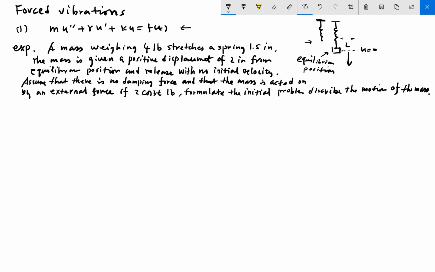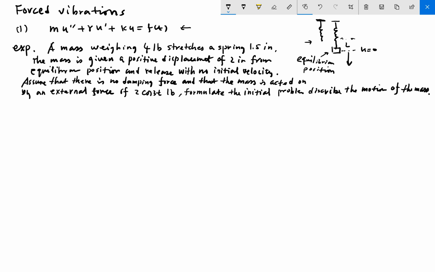A mass weighing 4 pounds stretches a spring 1.5 inches. Then the mass is given a positive displacement of 2 inches from equilibrium position and released with no initial velocity.